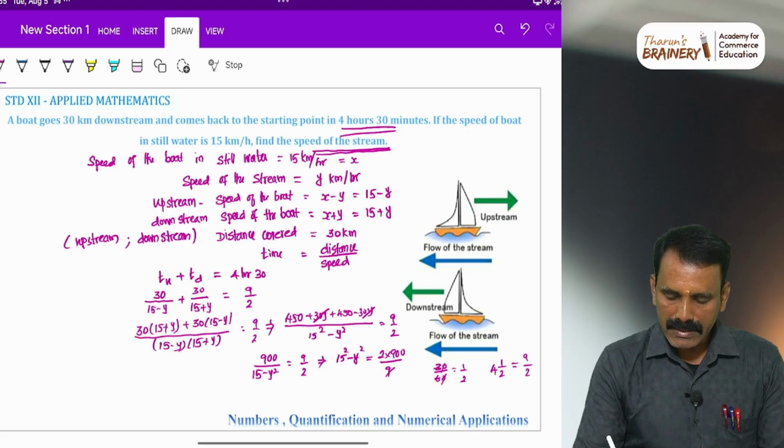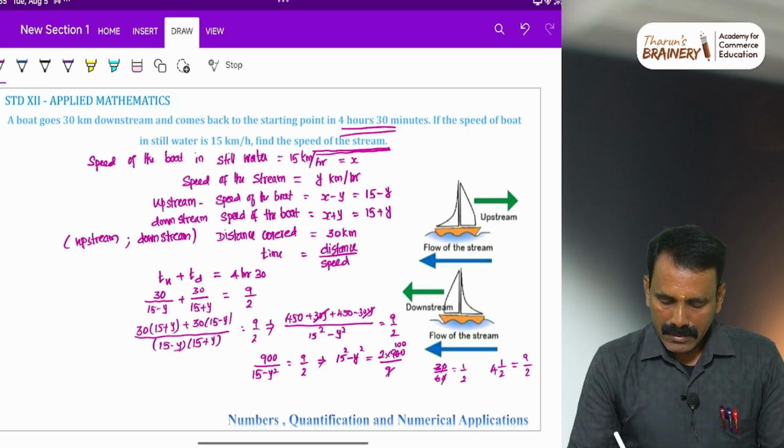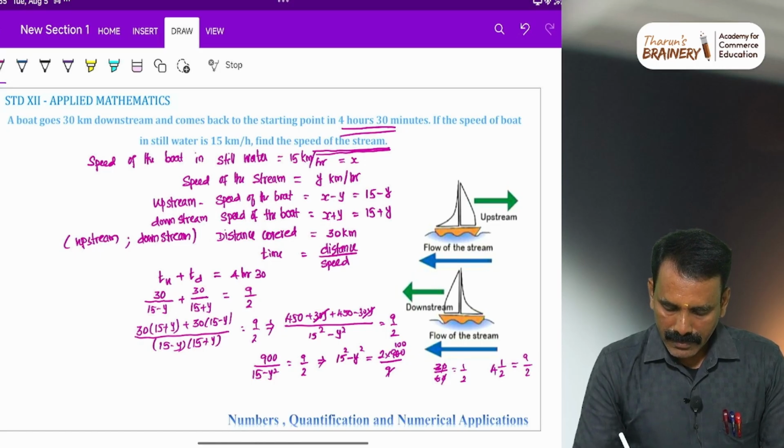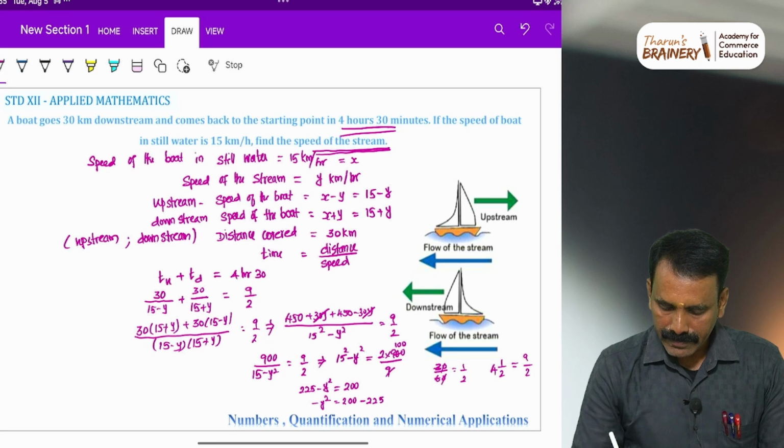So we cancel this 100. So we get 225 minus y square is equal to 200. So minus y square is equal to 200 minus 225, which is nothing but minus 25.